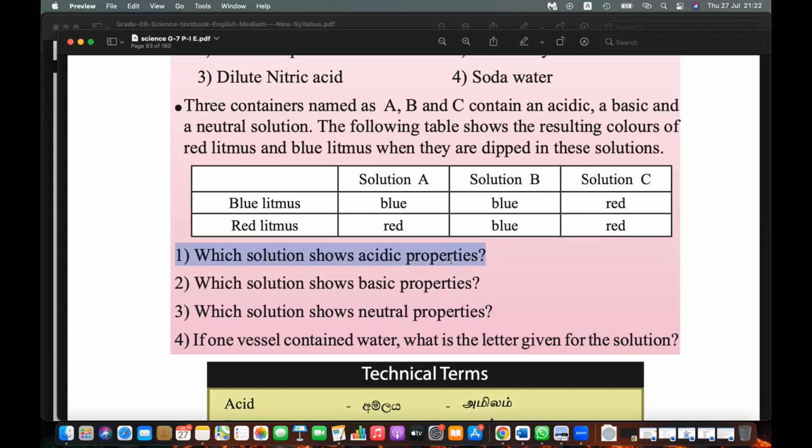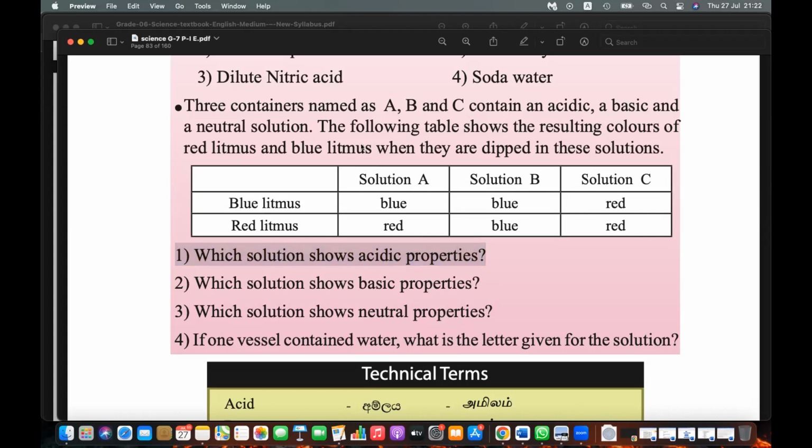Hello? Which solution shows acidic properties? What are acids, son? Cannot hear you. Are you listening?